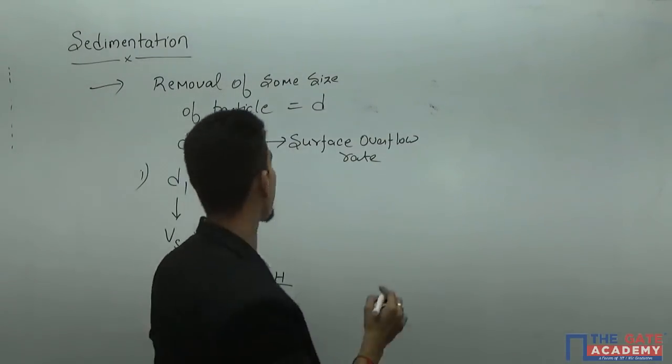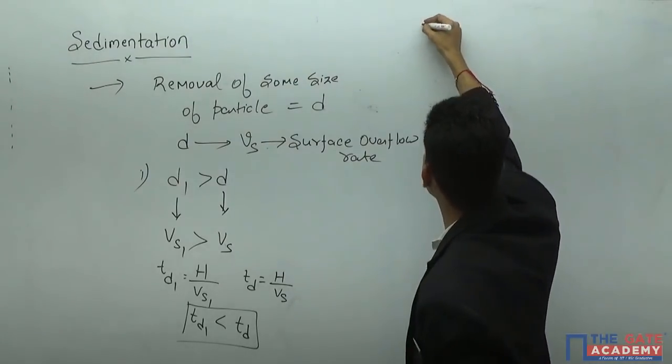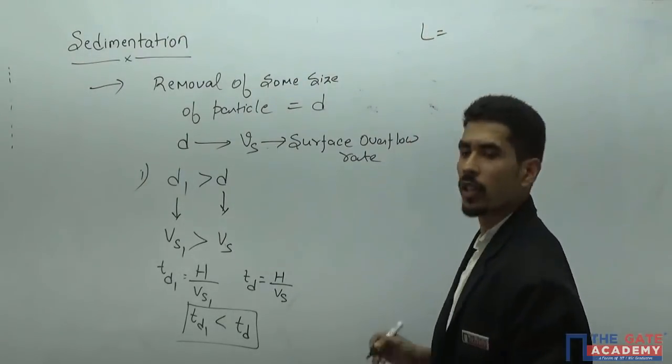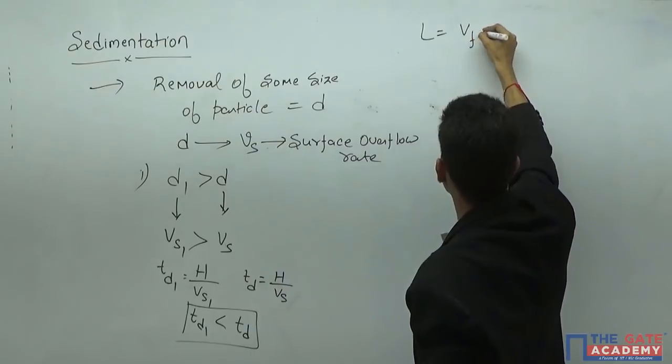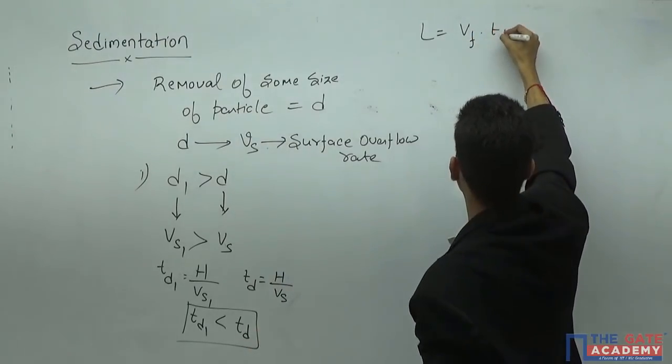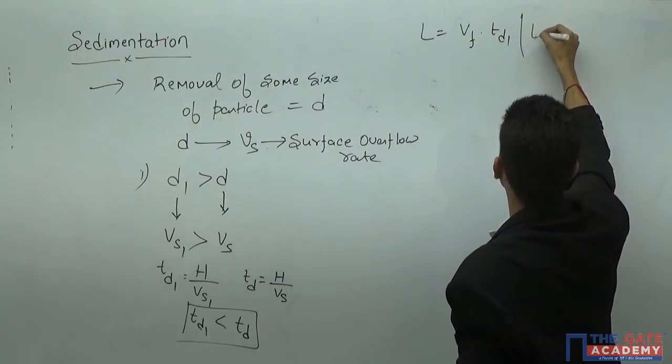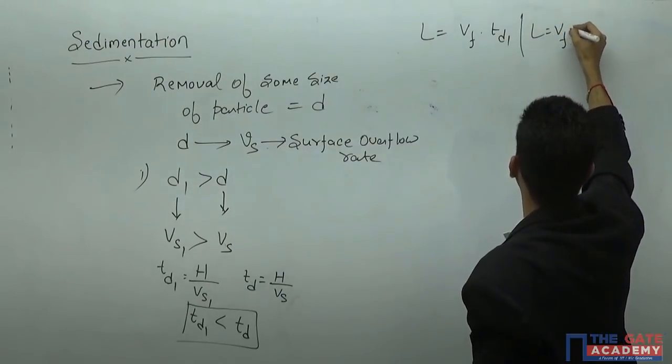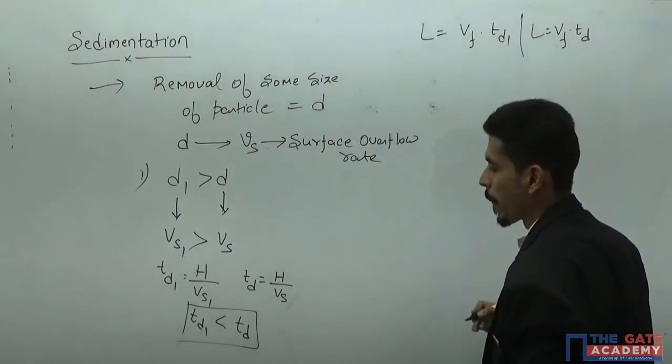If your TD1 is less than TD, what is the length? Length is equal to flow velocity into TD1, or length is equal to flow velocity into TD.